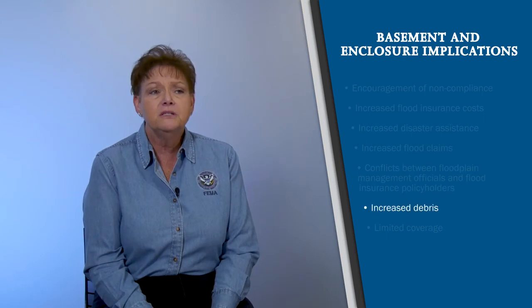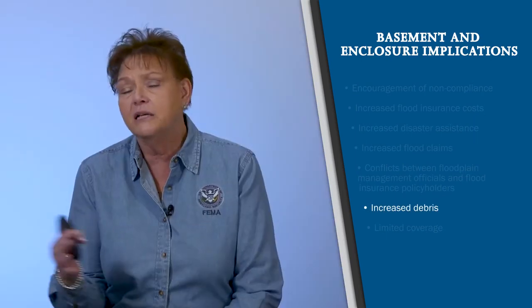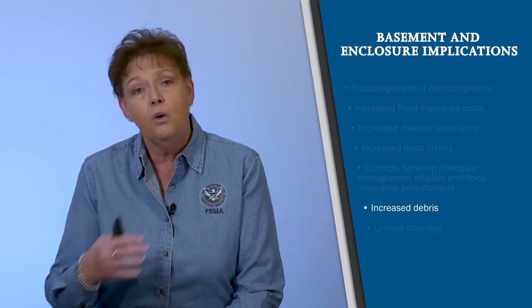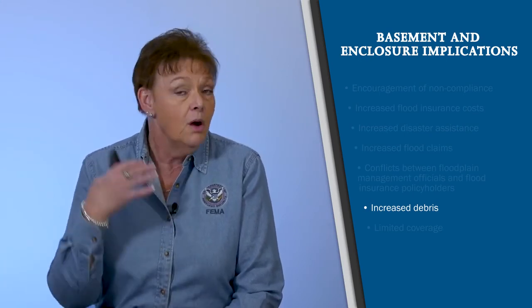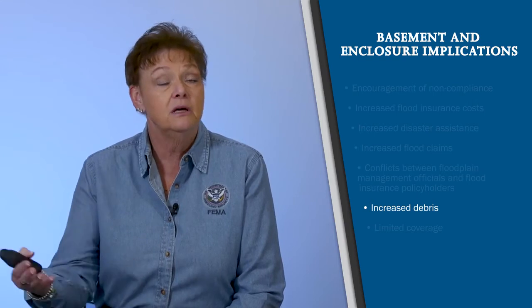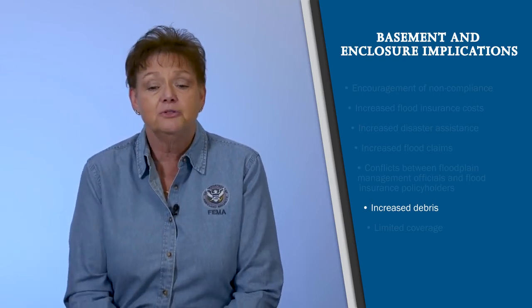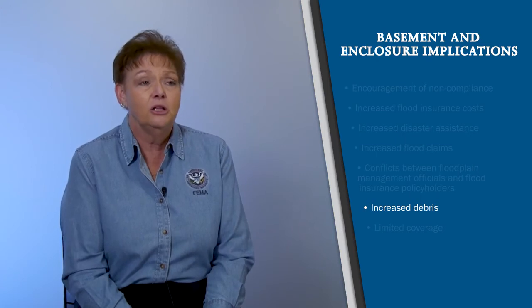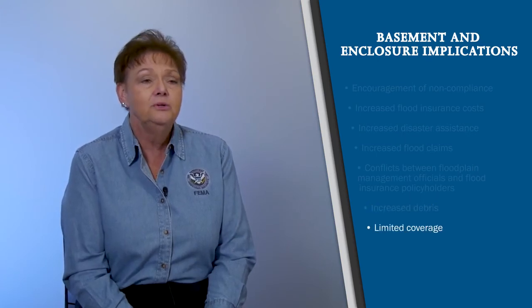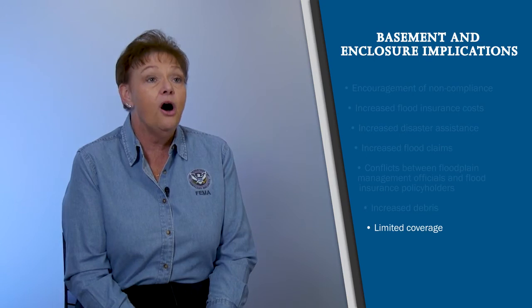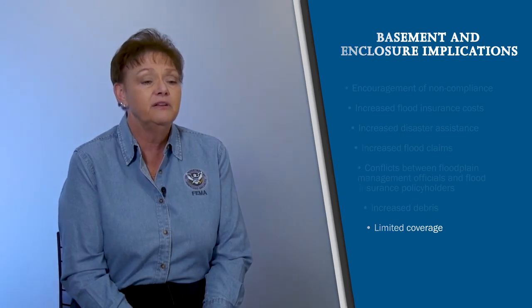It also increases the debris when floods come in and those contents are washed away or washed into somebody else's property or washed into culverts, and increases the flood heights for structures that might be downstream. So basements and enclosures just add to the cost of flood events.